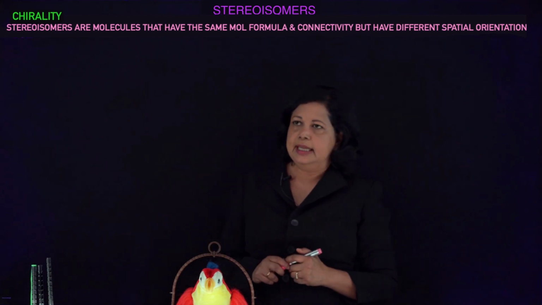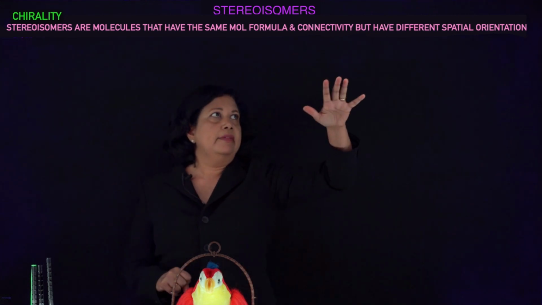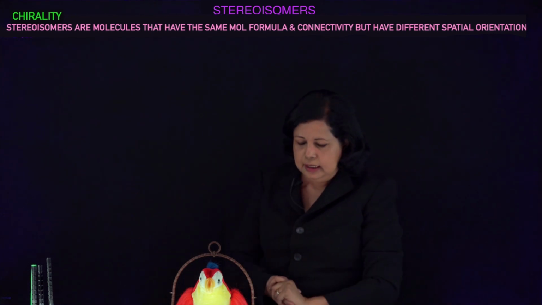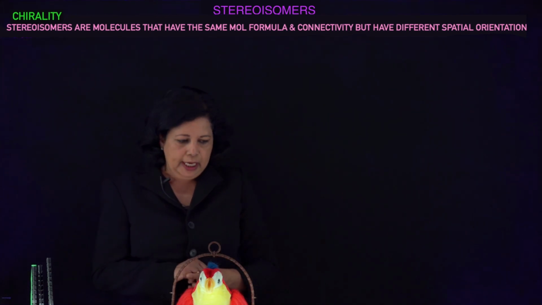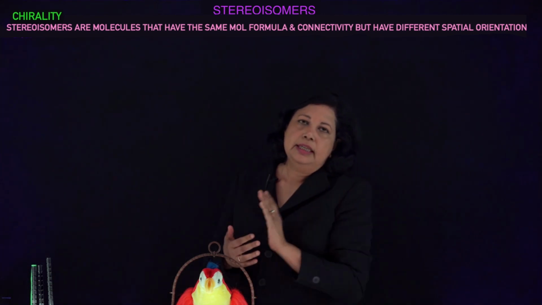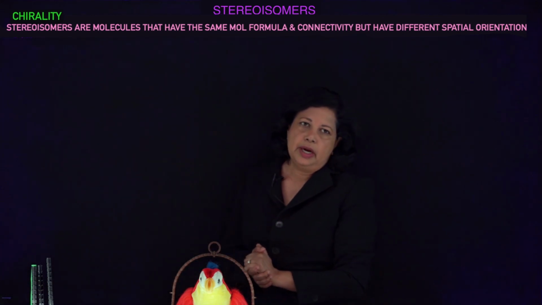So objects that have the same molecular formula and connectivity have different spatial orientation. How can we tell them apart? Well, we have something called a plane of symmetry that would tell us whether something is going to be a stereoisomer or not.